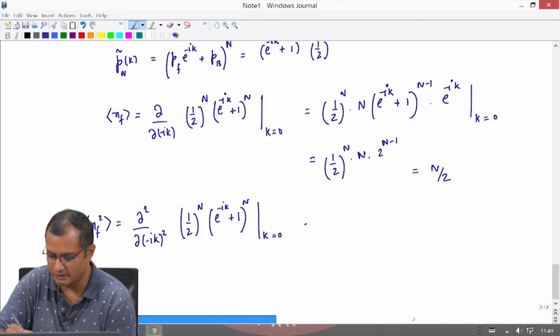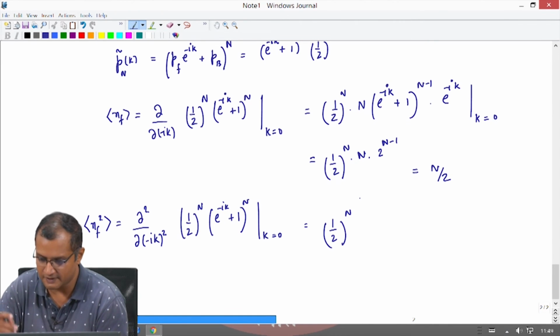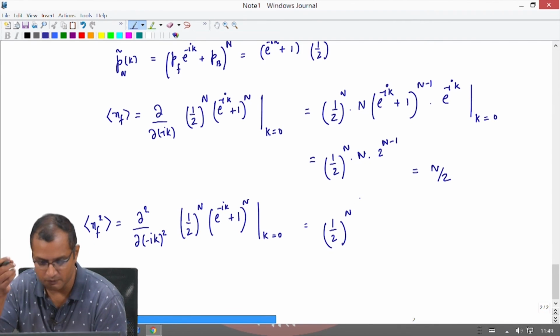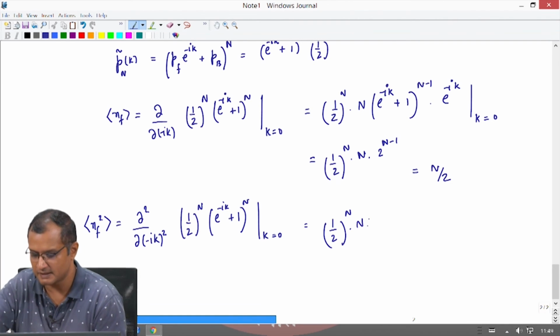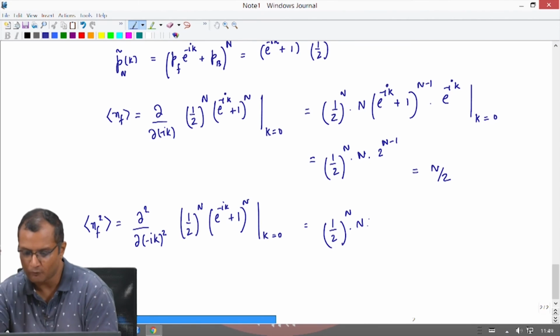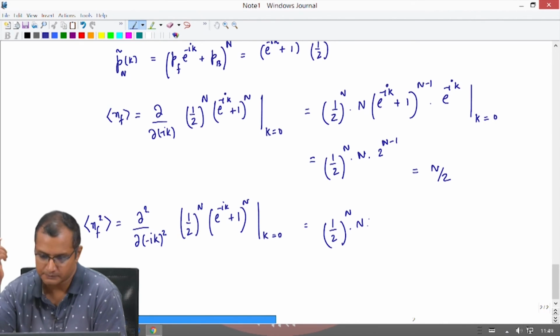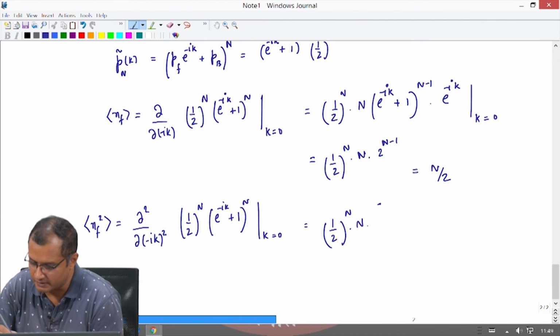So, this 1 half to the power n will come out, and the first derivative is already written in front of you. So, I am going to take the first derivative as is from the top and take one more derivative here.